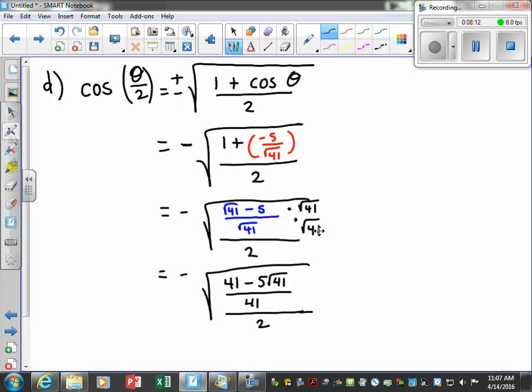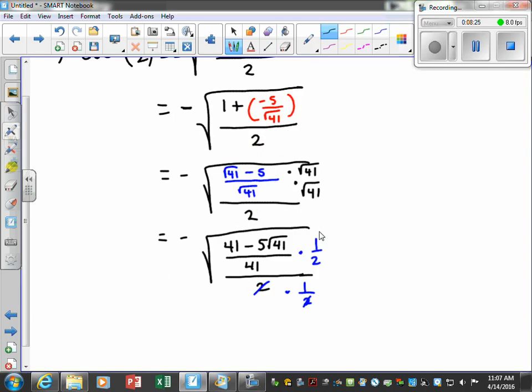To simplify the fraction over the fraction, we're going to multiply the denominator by the reciprocal. We will do the same in the numerator. These cancel, and we will be left with square root of 41 minus 5 square root of 41 over 82. This is going to be our cosine of theta over 2.